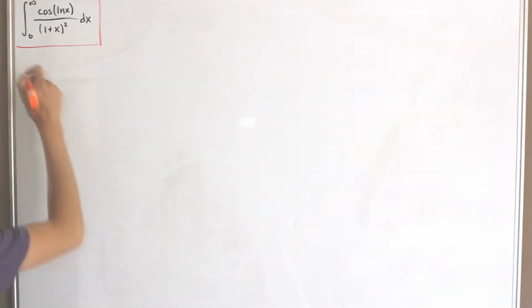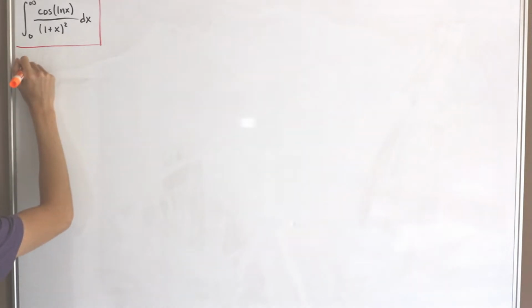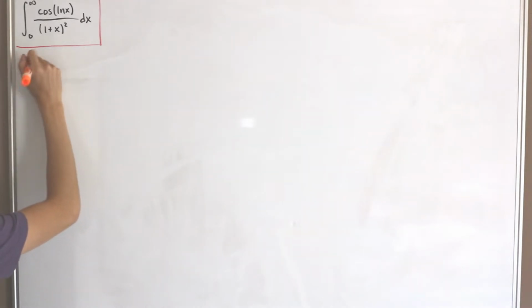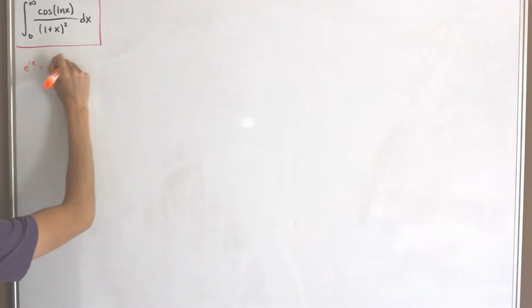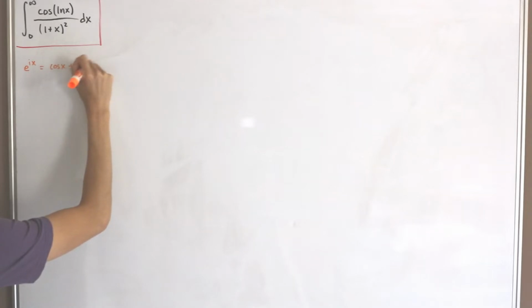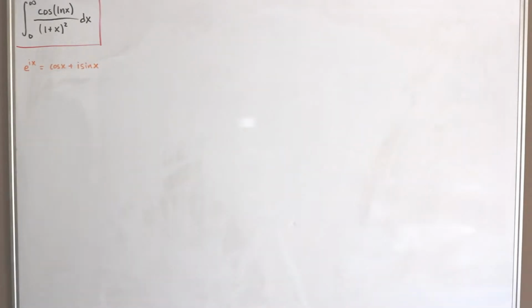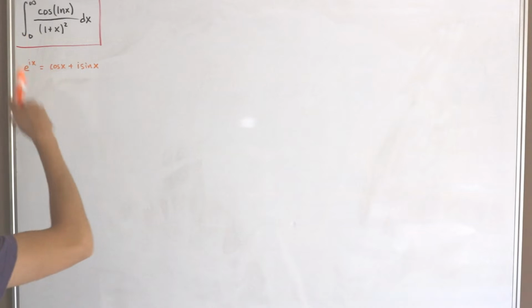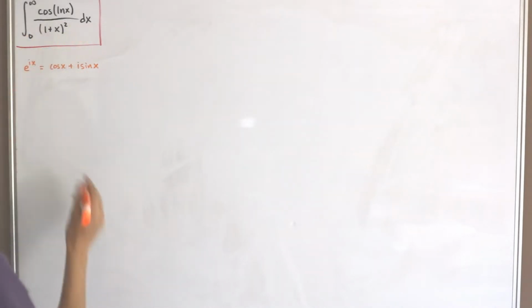To do this, let's recall that Euler's formula is defined as the exponential function e to the power i times x, and that's equal to cosine of x plus i sine of x. So now I can replace our x and put in natural log of x.